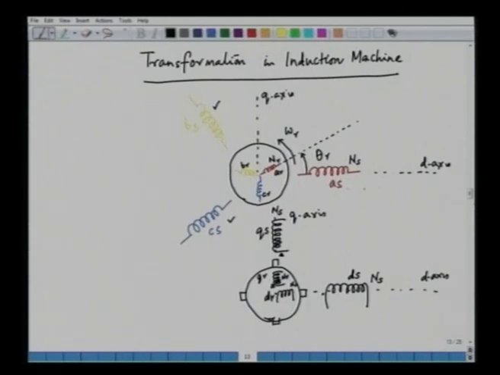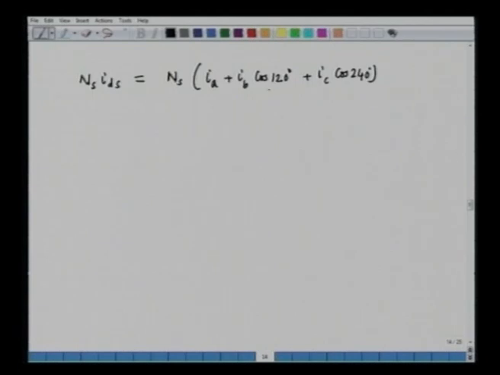So, this current is IAS in the stator, this current is IBS, this current is ICS. So, we project the phase B MMF, phase C MMF and phase A MMF along the D axis, which is aligned along phase A of the stator, and we equalize the MMF of the DQ machine and the ABC machine in the stator. So, that is what we have written here, cos 120 for phase B and cos 240 for phase C.